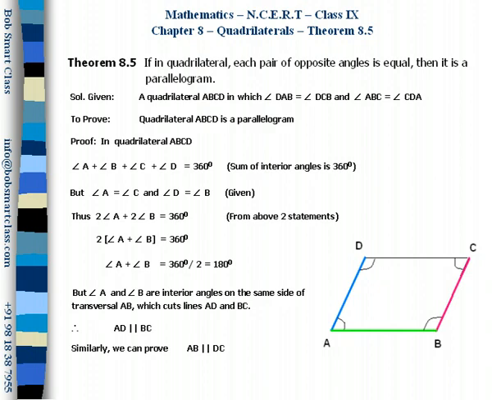And also angle B and angle C are interior angles on the same side of transversal BC, which cuts lines AB and DC. Therefore, side AB is parallel to side DC. Now, if these two opposite sides are parallel, then this quadrilateral is a parallelogram. Hence, this theorem is proved.